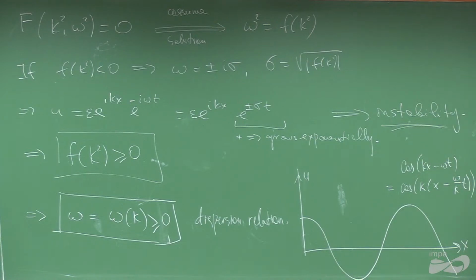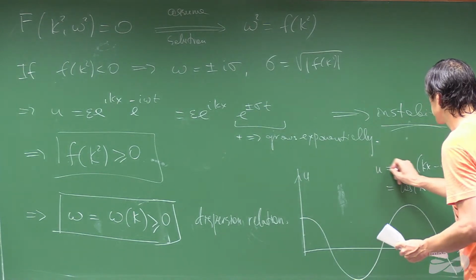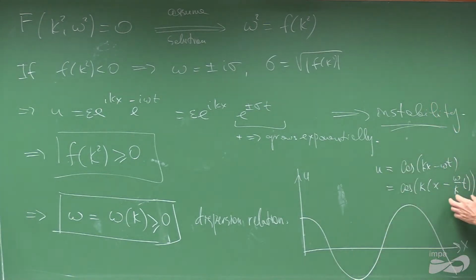So you see that the form of this function is just a cosine, but as time changes, it is moving to the right with the speed omega divided by k. As time changes, it just shifts the variable x by omega over k times t. So the same shape is moving with a constant speed.